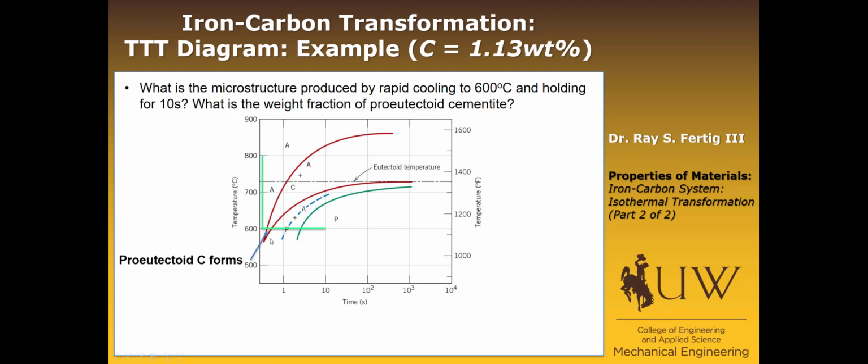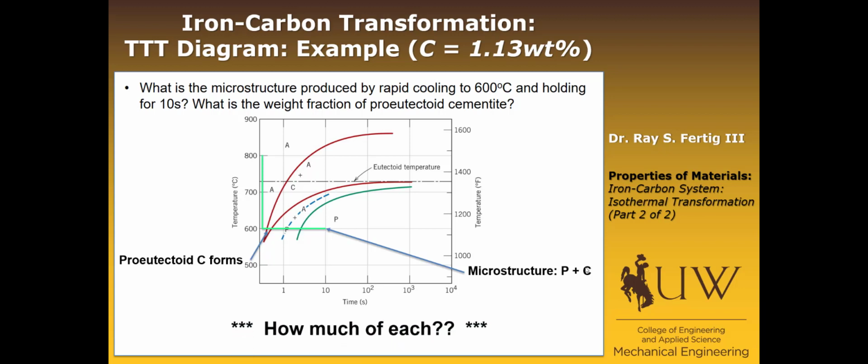The pro-eutectoid cementite forms in this region here, which means that the microstructure we have remaining is some combination of pearlite, where the remaining austenite was converted to pearlite, plus the pro-eutectoid cementite that had formed before we transformed the austenite. Okay, so that's what the microstructure is. That doesn't tell us yet how much of each.